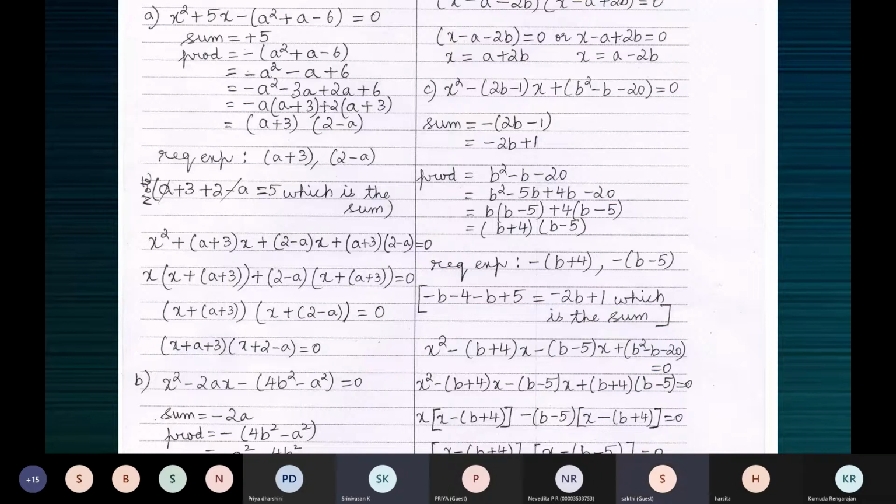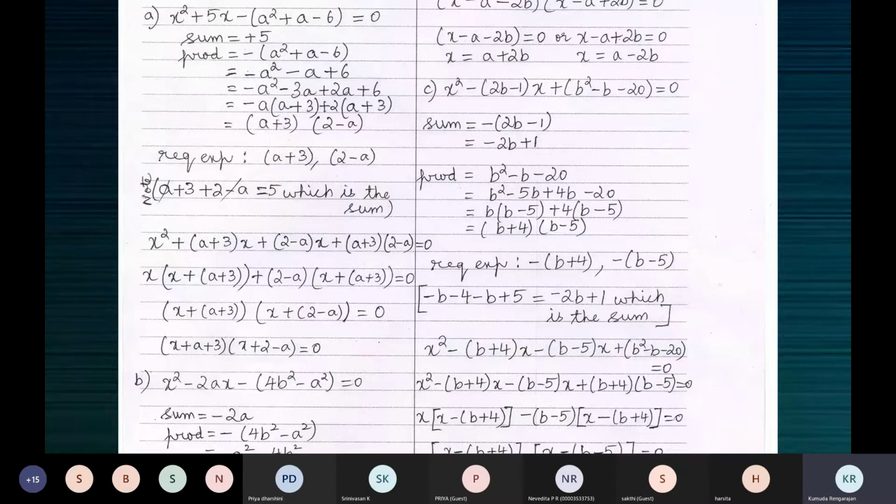Yes, ma'am. No, but is that the procedure? Why do you equate that to 0 and substitute in the given equation? Ma'am, he's telling like at the last step we do zeros, no, ma'am. No, this is okay, Shakti. This is okay. Thanks, Srinivasan.